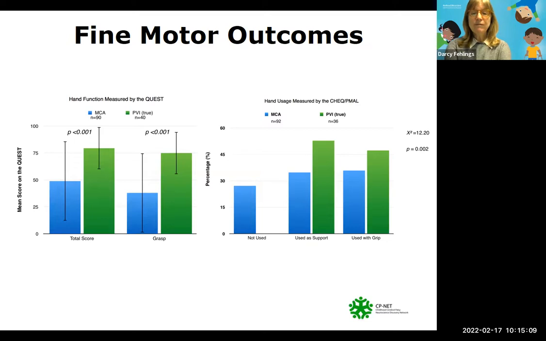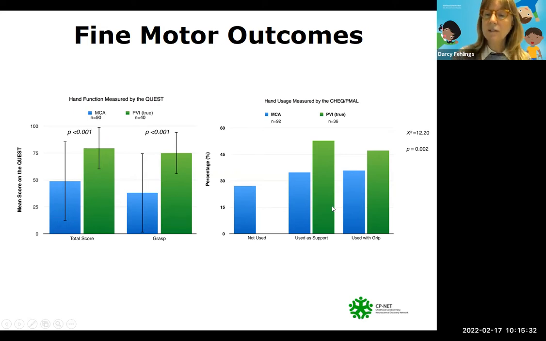So what did we find when we looked at the neurodevelopmental outcome? Here we have children with MCA infarcts represented in blue and periventricular infarctions represented in green. And what we found was that the hand function was better in children with periventricular venous infarcts compared to children with MCA.